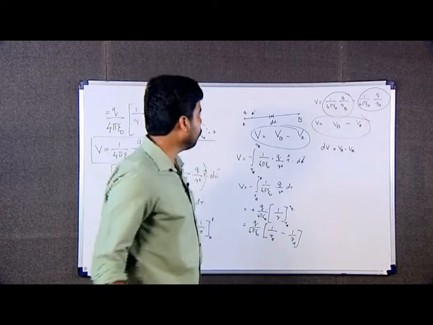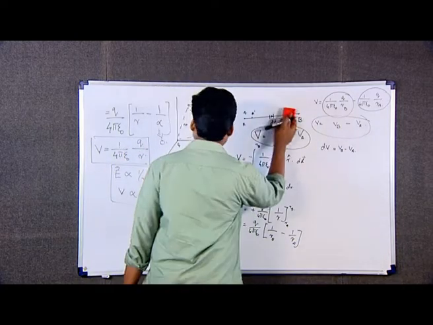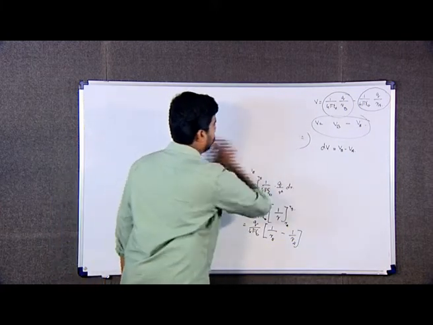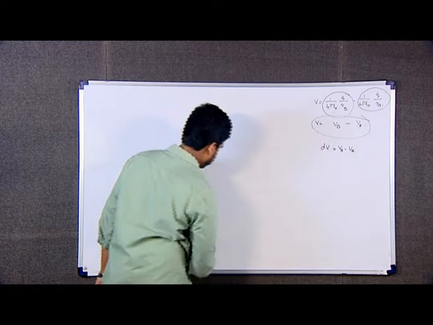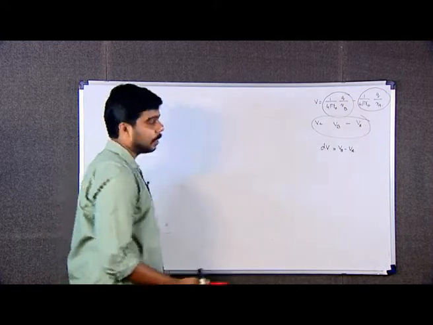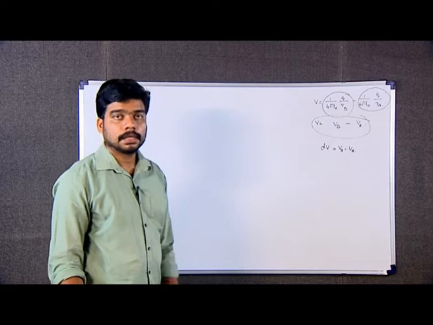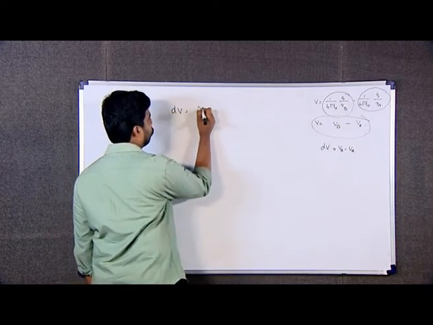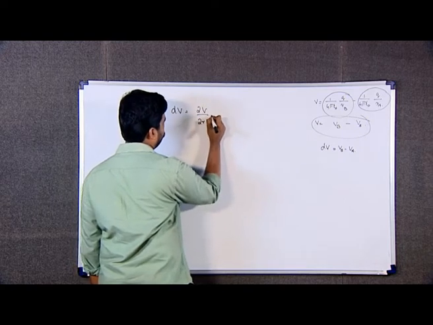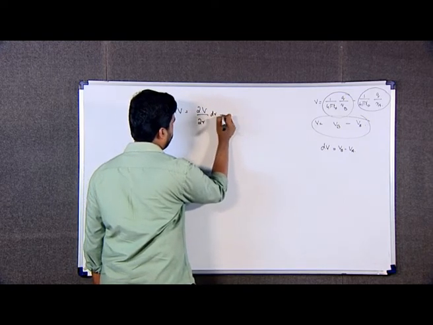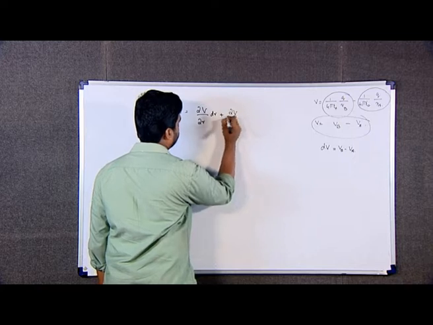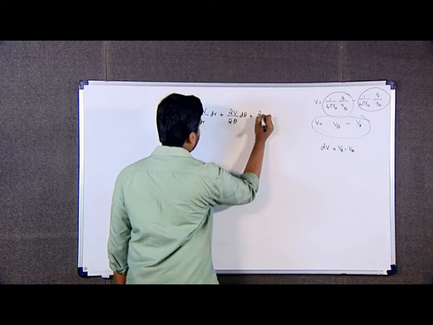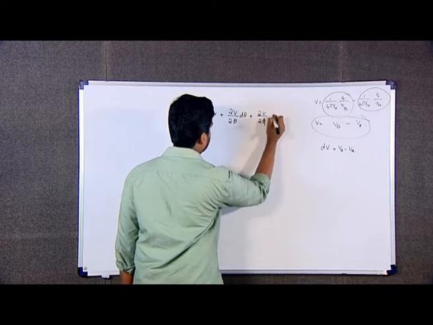Now, this dV can be represented in the spherical coordinate system and in terms of partial differentiation. The dV can be written as dV is equal to dou V by dou R into dr plus dou V by dou theta into d theta plus dou V by dou phi into d phi.